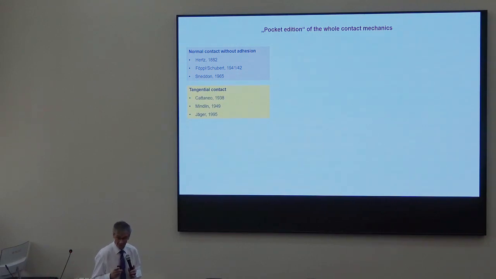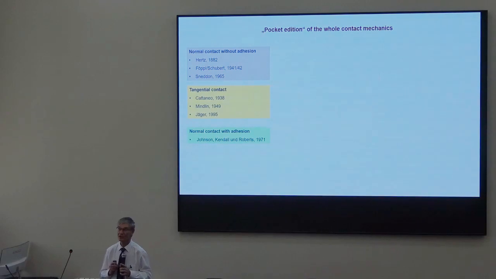The adhesive problem can also be reduced to the non-adhesive normal contact problem. This was done 1971 by Johnson, Kendall, and Roberts, and later by several other authors for general axisymmetric profiles.